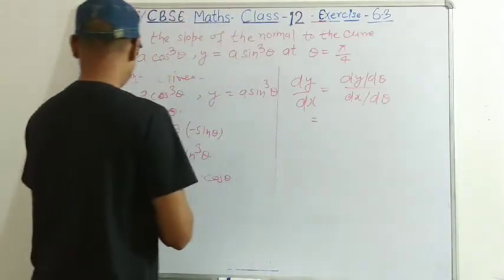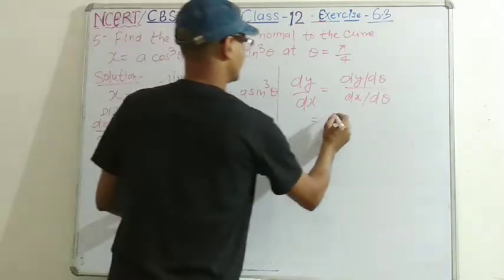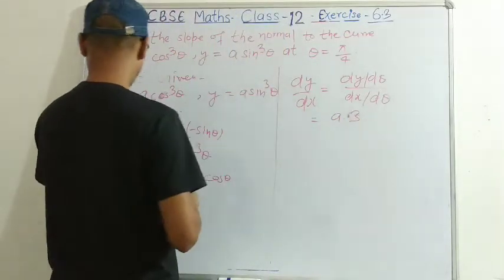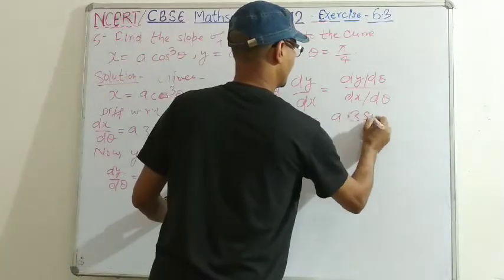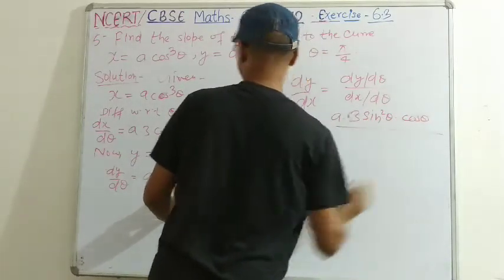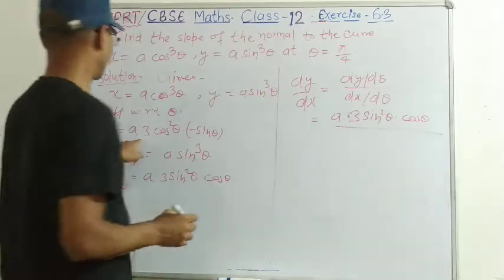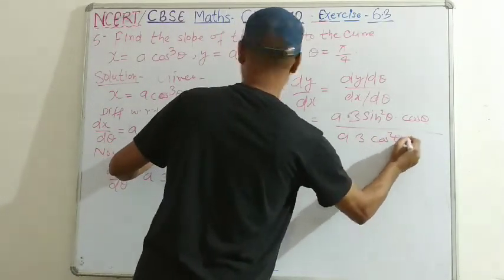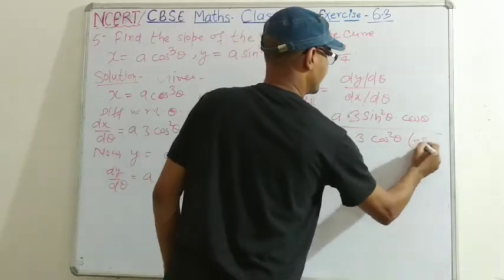So dy by d theta we have a into 3 sin squared theta into cos theta, by dx by d theta, which is a into 3 cos squared theta into here minus sin theta.